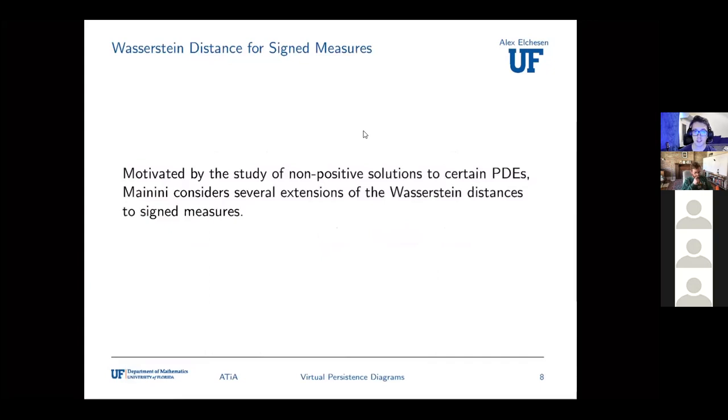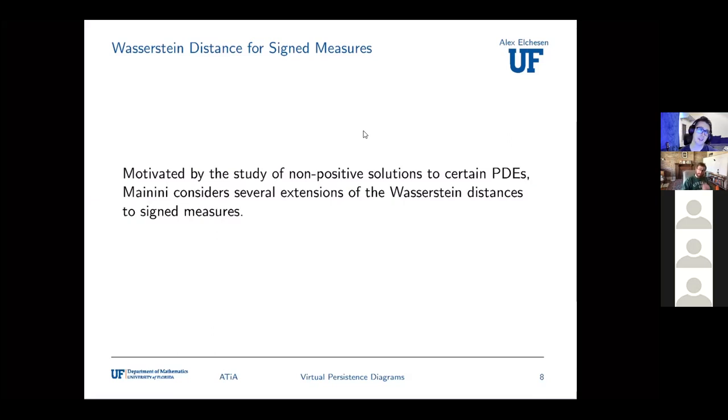Another motivation is signed measures. A lot of different people have considered signed Wasserstein distances. In particular, Mainini considers a bunch of different extensions of the Wasserstein distance to signed measures, motivated by non-positive solutions to partial differential equations.